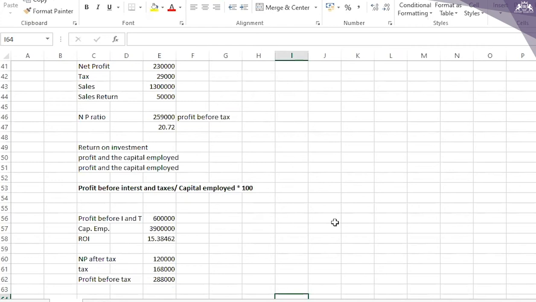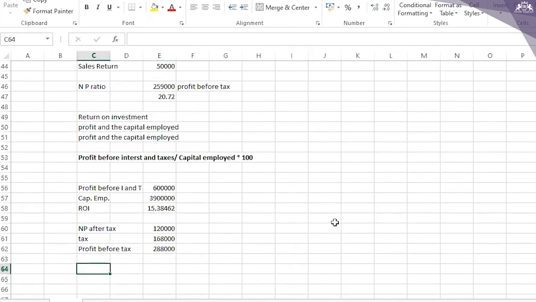And if the capital employed is, if the equity share capital is 50,000 and reserves and surplus is 1,50,000.